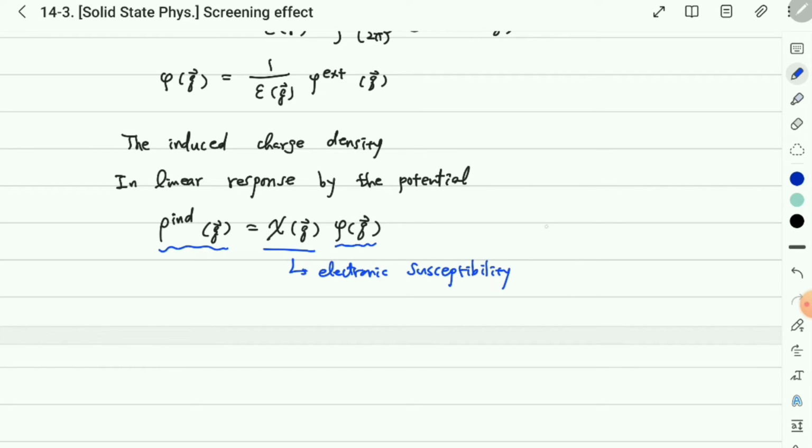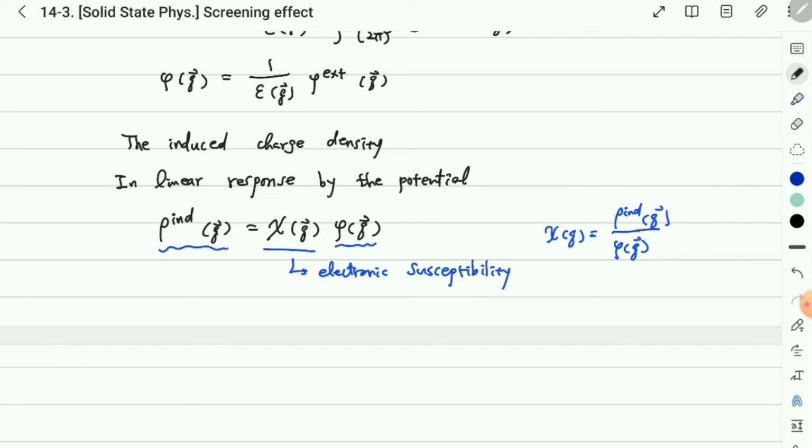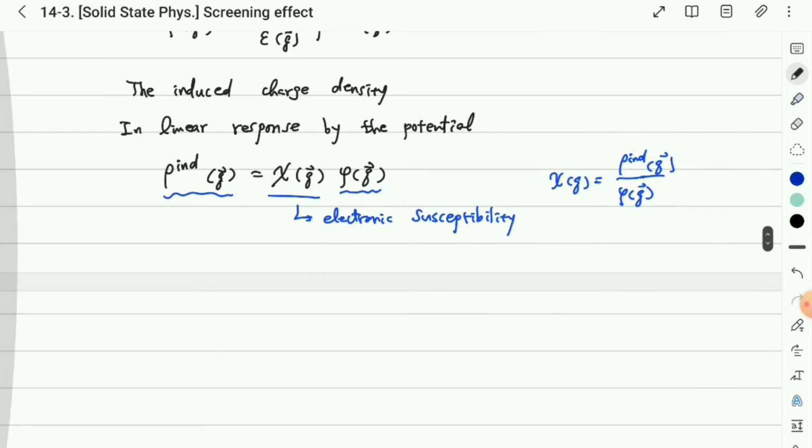Also here, chi q is such that for a given potential, it gives rise to the induced charge. It is the implicit definition of the electronic susceptibility. And now we think about the Fourier transform of the Poisson equation.